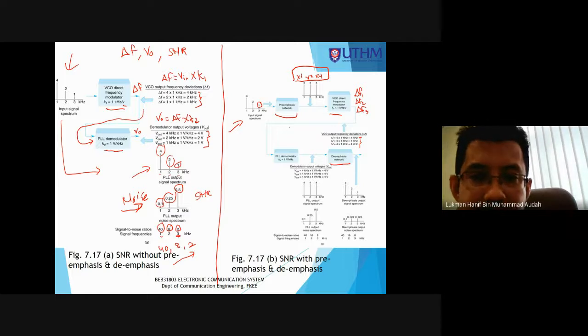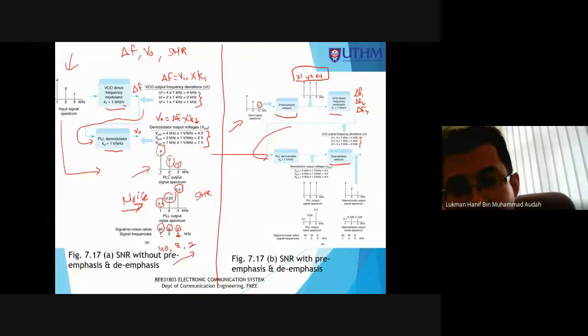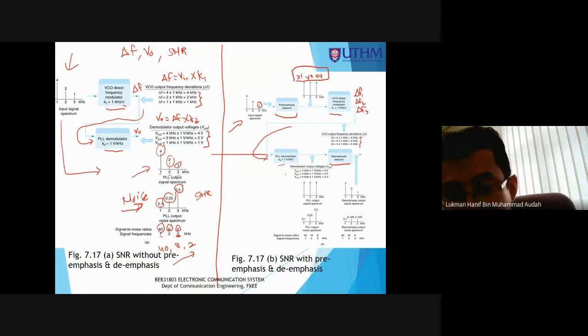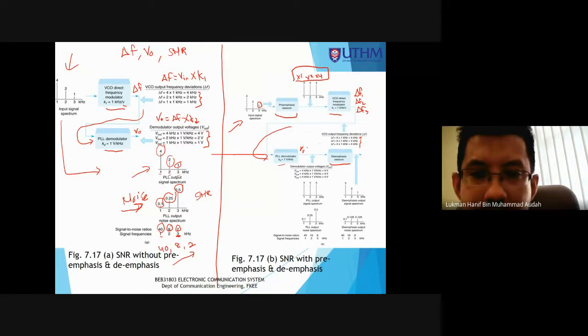So this is transferred to the receiver, which goes to the PLL demodulator. PLL has a transfer function of 1 volt per kilohertz. So here we're going to get VR. VR is equal to delta F multiplied with KD.